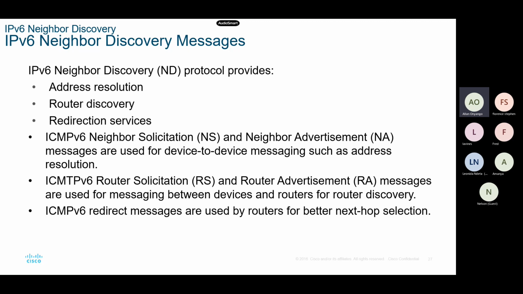So NS and NA, neighbor advertisements. Of course, we also have RS and RA, and we shall talk about this in much more detail later on in the next chapter, chapter 12. Yes. So don't worry about those 4 messages.